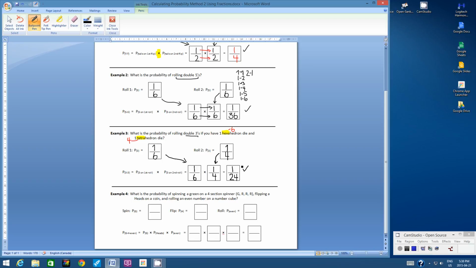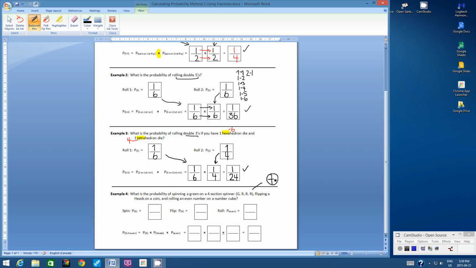Okay. So let's go on to the last example where we're going to have 3 independent events, 3 things that have nothing to do with each other. So the question is, what is the probability of spinning a green on a 4-section spinner, where the 4 sections are green and then red, red, and red? So if you don't know what that looks like, always draw yourself a picture.